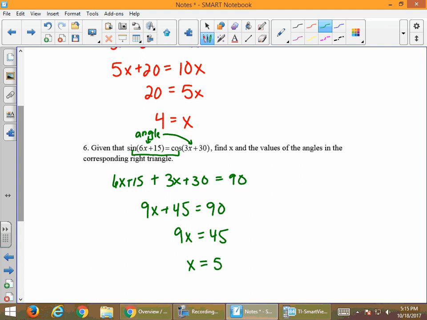The problem says find x and the values of the angles. So x is 5, which means my angles are 6 times 5 plus 15. Now that's 30 plus 15 is 45 degrees.